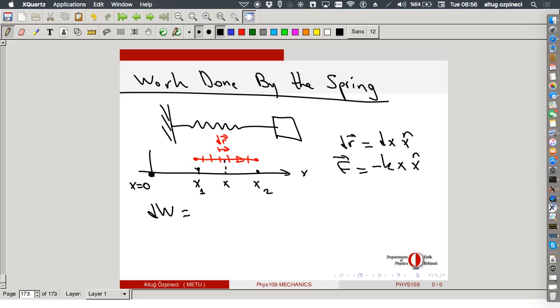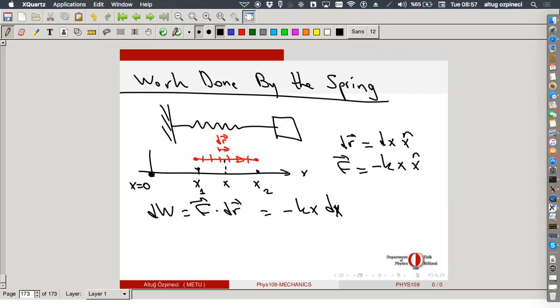I'm not looking at all of the work, only at that segment, where the force is almost constant. dW is F dot dr. This is the definition of the work done. In this segment, we are studying a system of constant force, because within this segment, the force doesn't change. So this will be equal to minus kx times dx.